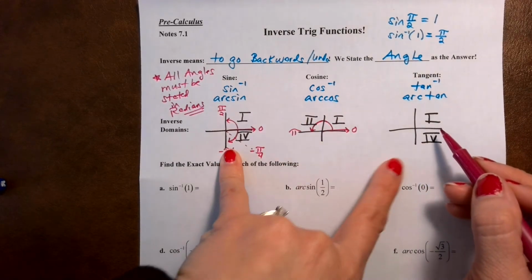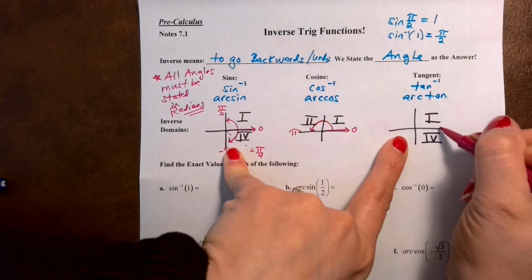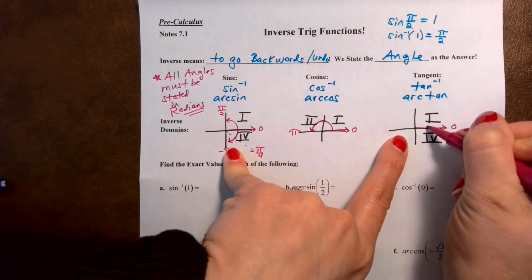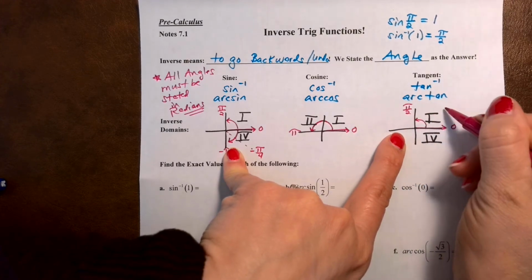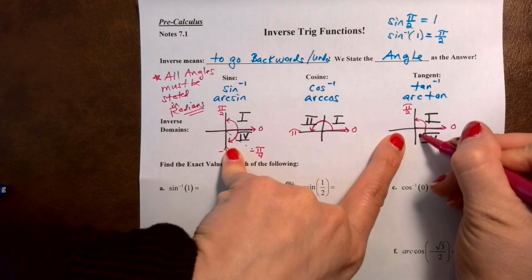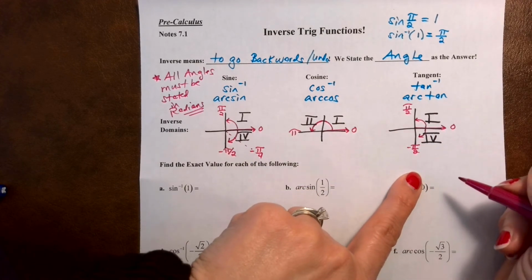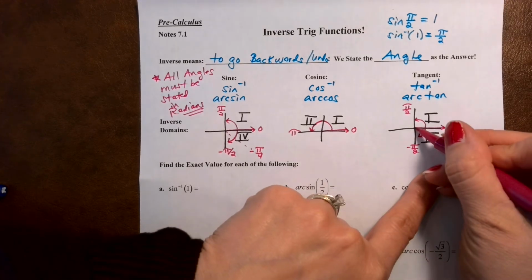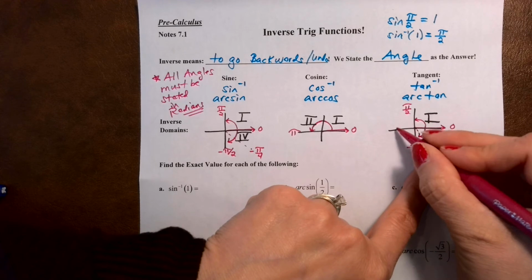Tangent works just like our friend sine. They're kind of buddies in the alphabet. You can start at 0. You could go up to pi over 2 and say all of these answers. Or you're allowed to swing negatively, negative pi over 2, to say those answers. Once again, if you needed to say 5 pi over 3, you would not be allowed to say that.